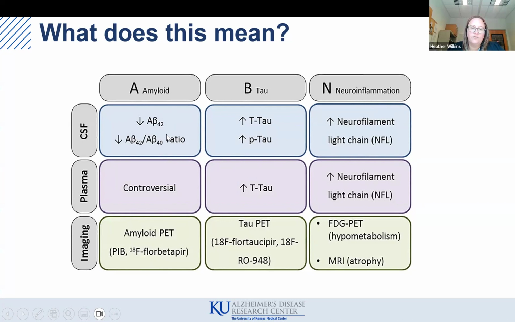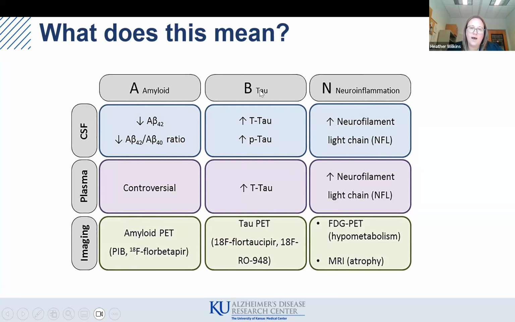In the cerebrospinal fluid, amyloid beta 42 is actually reduced, and sometimes we can take a ratio of different amyloid beta species, and it's also reduced. In the plasma, what we see in Alzheimer's disease is controversial, which is why these are not approved yet. And in imaging, amyloid PET, there are two tracers available, and we always see higher levels.